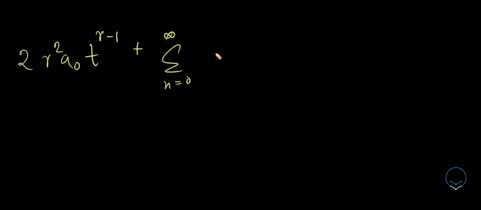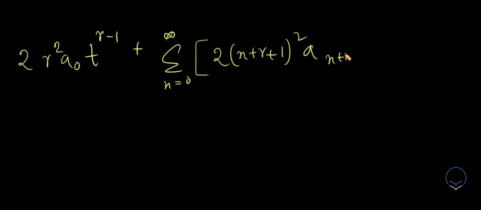And let me just write out the terms because it's a pretty big expression. 2 times n plus r plus 1 whole squared a of n plus 1 minus n plus r minus 1 a of n, and here you will have t to the power n plus r.